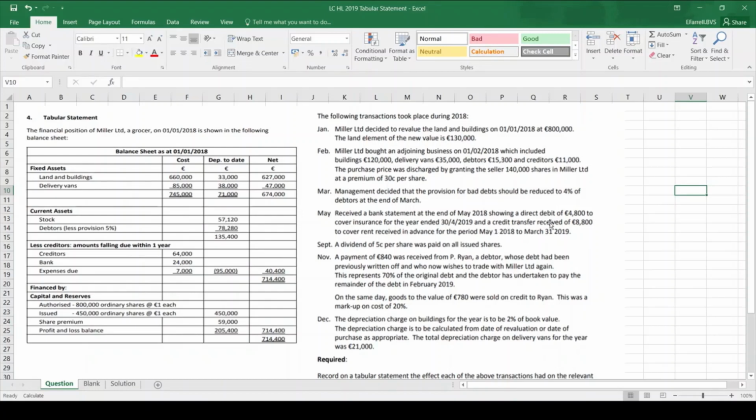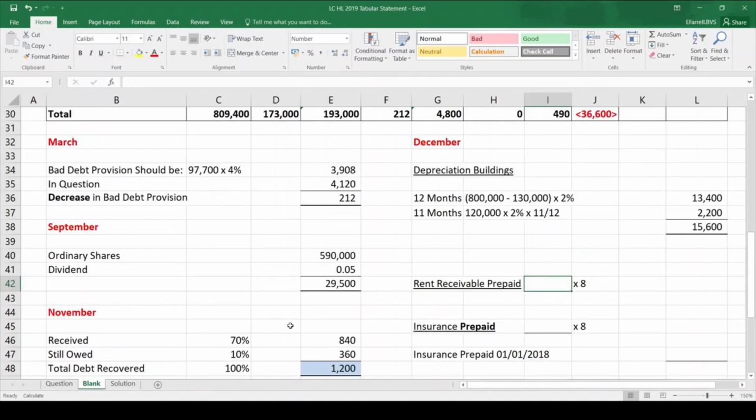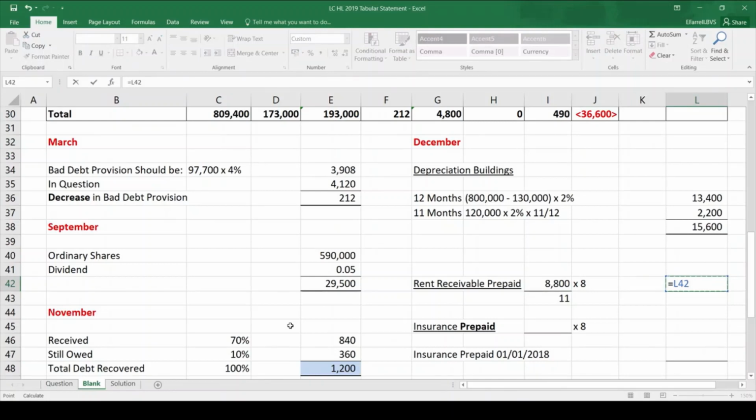So to work out my rent receivable prepaid, it's 8,800 divided by 11 because it was for 11 months and 8 of those were for this year. So 8,800 divided by 11 multiplied by 8. That works out to be 6,400.